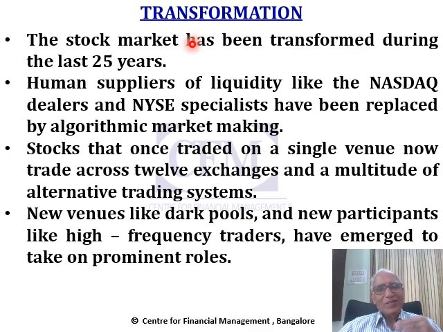Indeed, globally, the stock market has transformed in the last 25 years. Human suppliers of liquidity like the Nasdaq dealers and NYSE specialists have been replaced by algorithmic market making. Stocks that once traded on a single venue now trade across 12 exchanges and a multitude of alternative trading systems.